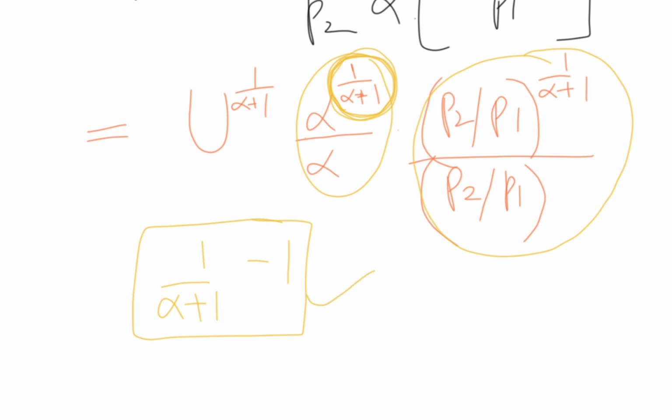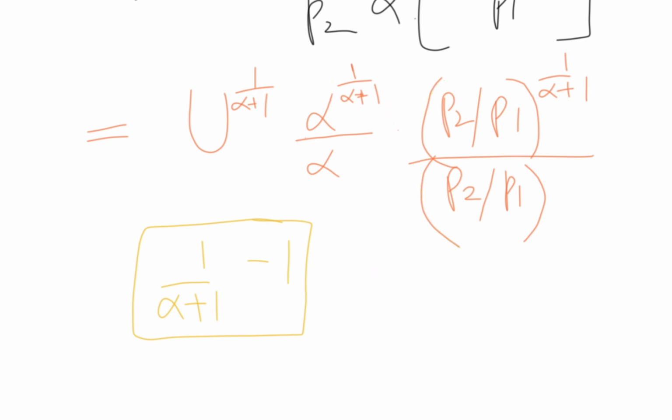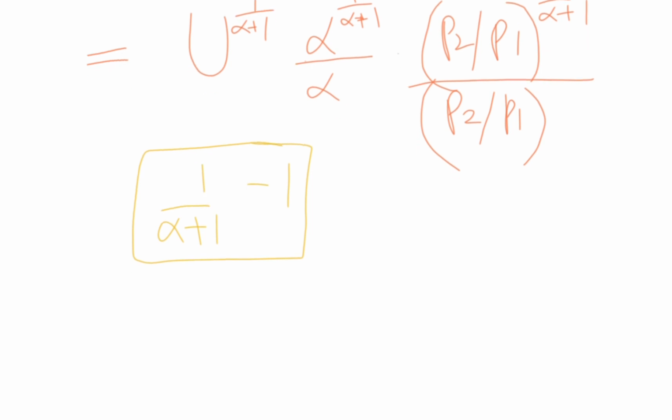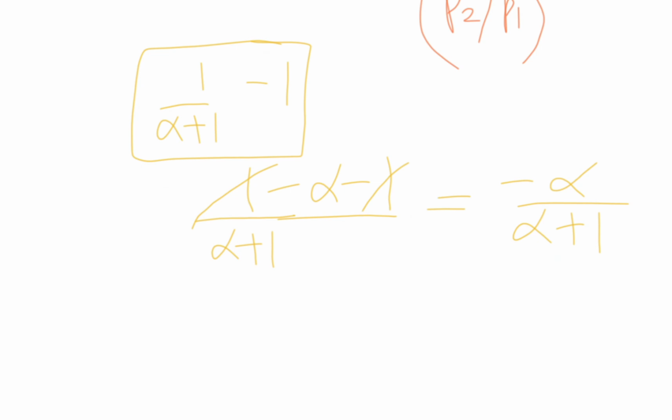Similarly for P2 by P1. So I'll calculate this one separately. We'll get 1 upon alpha plus 1 minus alpha minus 1, which is equal to, 1 will get cancelled out, which is equal to minus alpha upon alpha plus 1. We'll use this in the terms above.